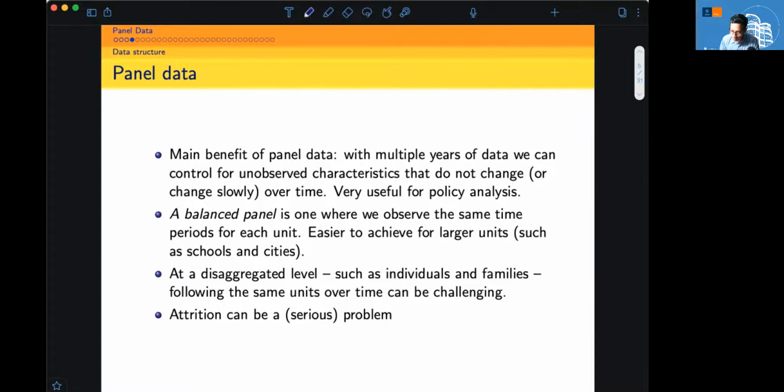Well, with multiple years of data, we can control for unobserved characteristics that do not change, or perhaps change at a slow pace over time. And this is very useful for policy analysis, because we can identify the effect of a particular policy on a particular outcome.